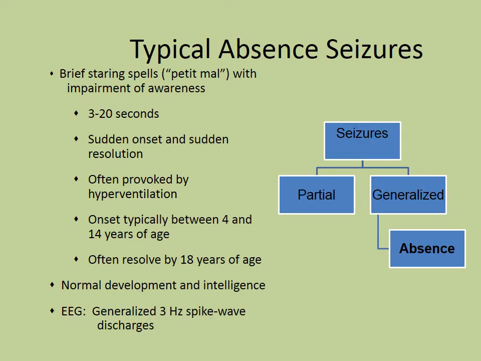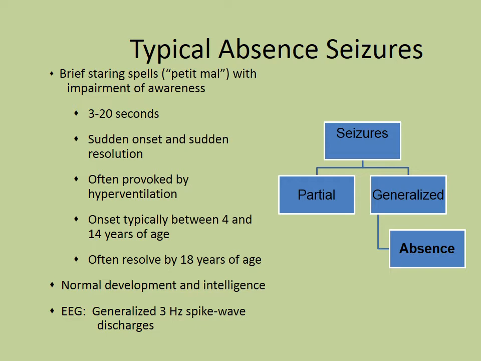So let's talk first about the absence seizures. Petit mal is another name for these seizures that you've probably heard for a long time. They are brief episodes. They can last anywhere from 3 to 20 seconds. They can be staring, and there's usually impairment of awareness and responsiveness.